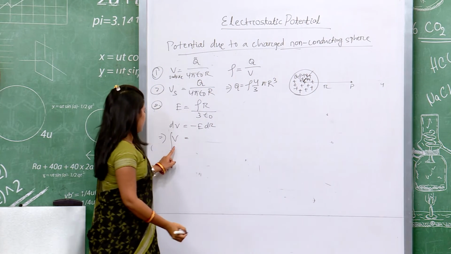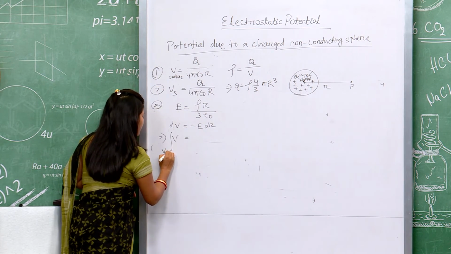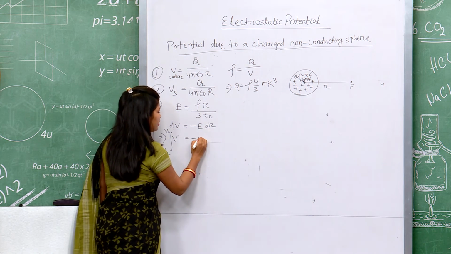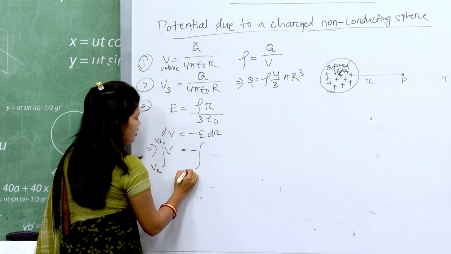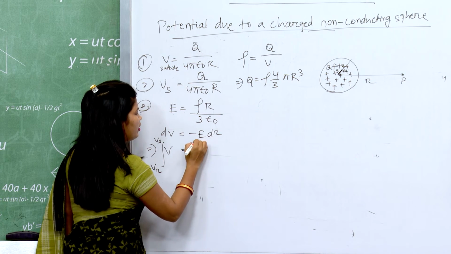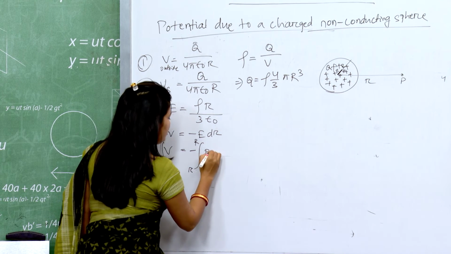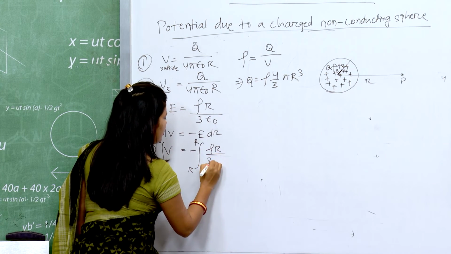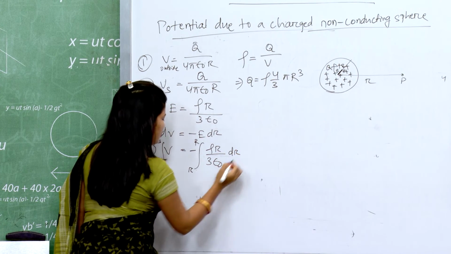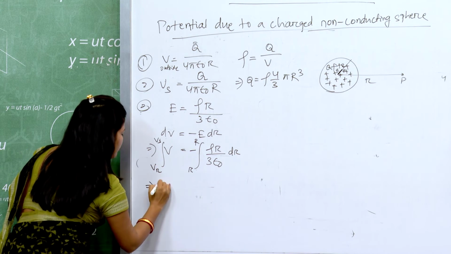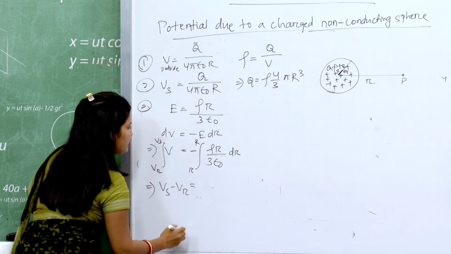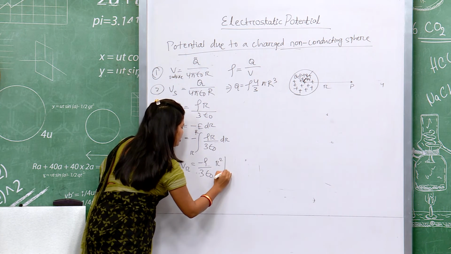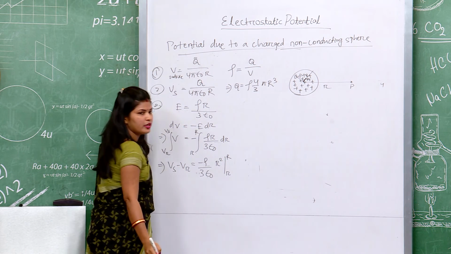I will take the integration from Vr inside to the surface Vs, equal to minus the integration from small r to capital R of E dr, and the expression of E is rho r upon 3 epsilon naught. Then Vs minus Vr is equal to minus rho upon 3 epsilon naught times r square by 2, integrated from r to capital R.